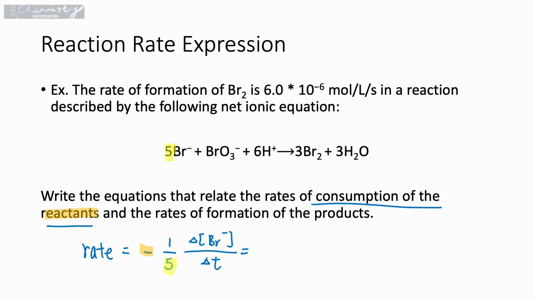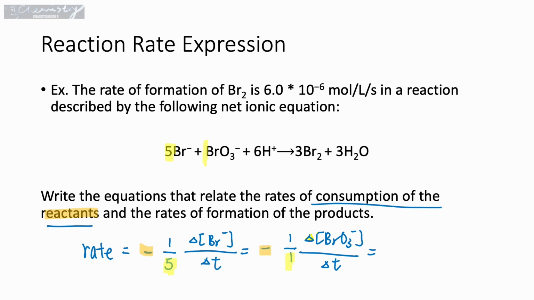Same idea for the bromate. For bromate, we can see that again it is negative because it's a reactant. And then it's 1/1 because in this case, it doesn't have a coefficient. And it is the change in concentration of bromate ion over a period of time.